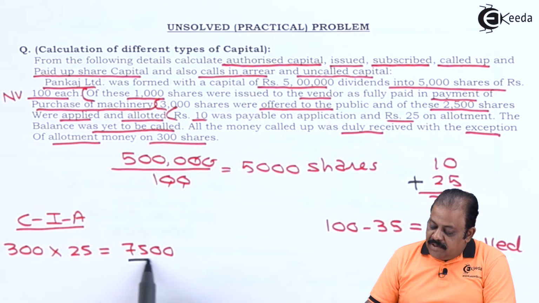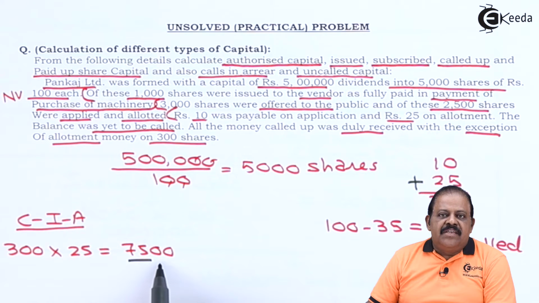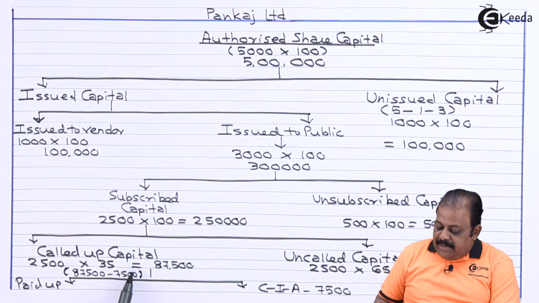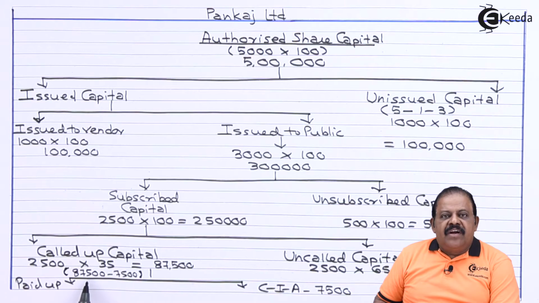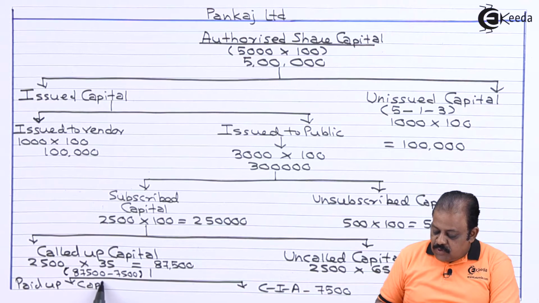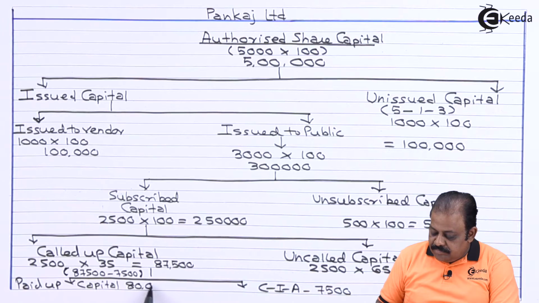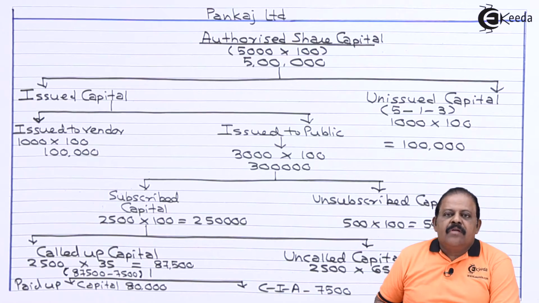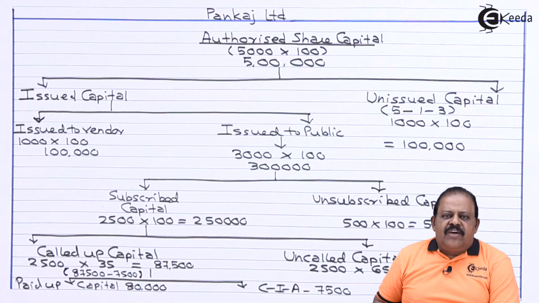That we have calculated here. 300 shares, per share 25 rupees, 7,500 is calls in arrears. Called up capital 87,500 minus calls in arrears 7,500. Paid up capital will be rupees 80,000. We have calculated in chart form all the values of capital.